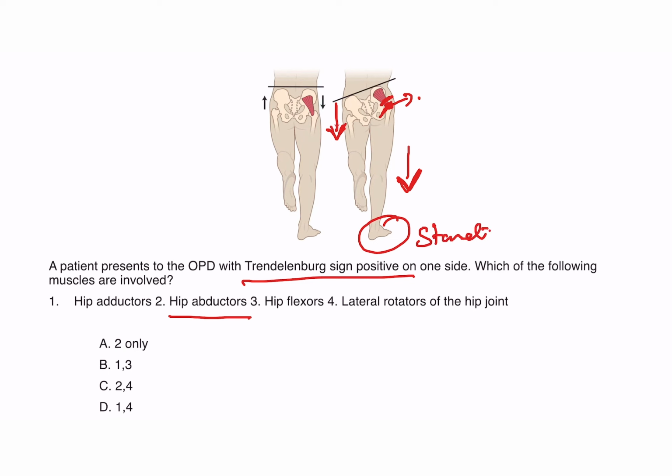Whichever side the pelvis is tilting or dropping, the opposite side abductors are being tested. So just remember which side is being tested and which muscle group is being tested. The positive sign is dipping of the pelvis on the opposite side. A positive Trendelenburg sign is bad, and it assesses the hip abductor mechanism. So the answer for this is A.